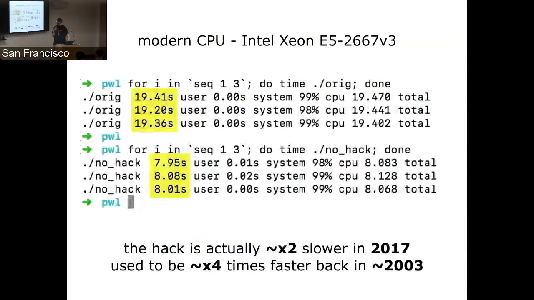That was the result with modern hardware. Suddenly, this hack is 2 times slower than what we get right now. And in a paper, the authors suggest that it was 4 times faster in 2003, and when the game was released, it was even faster. So what happened between 1999 and 2017?